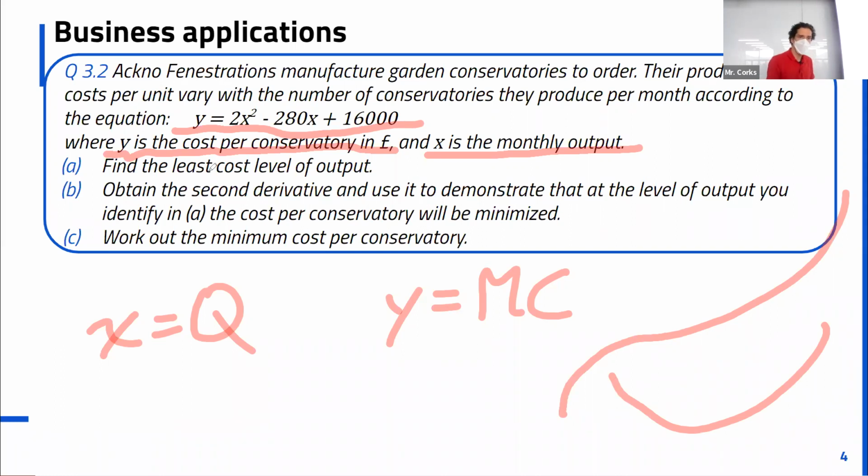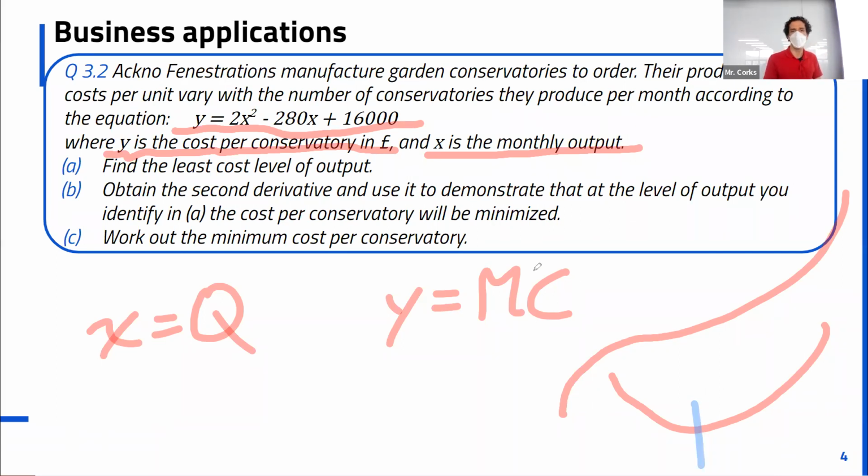So question A, find the least cost level of output. So the lowest per unit cost. How would we find that? Okay, derivative. If this is marginal cost and we want the lowest point, then we have our process for finding turning points and checking if they're minimums or maximums.